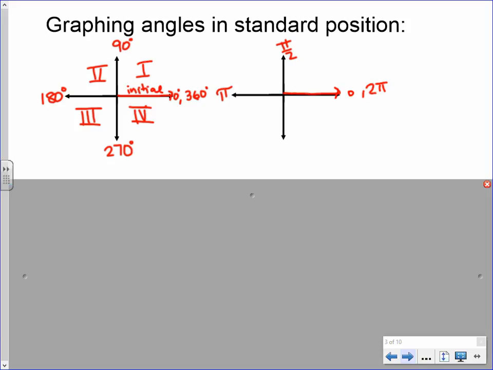So what would be this 270 degrees? 3 pi over 2. Those are very important numbers to know. 90 degrees is pi over 2. So each of those go up by pi over 2. Now we're going to practice graphing these angles.